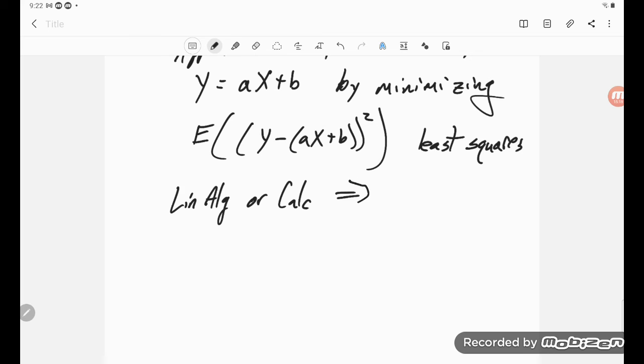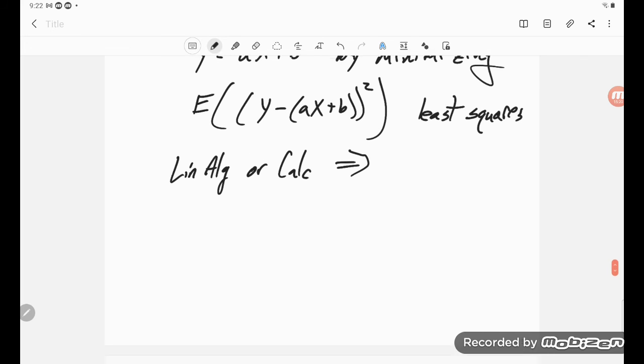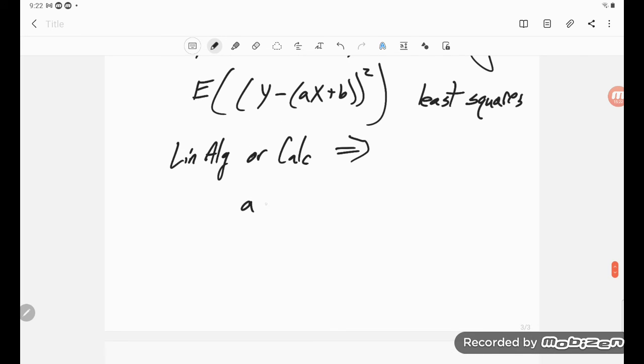it produces that the best answer is A equals the standard deviation of y times the correlation coefficient over the standard deviation of x, and that B is the mean of y minus A times the mean of x.